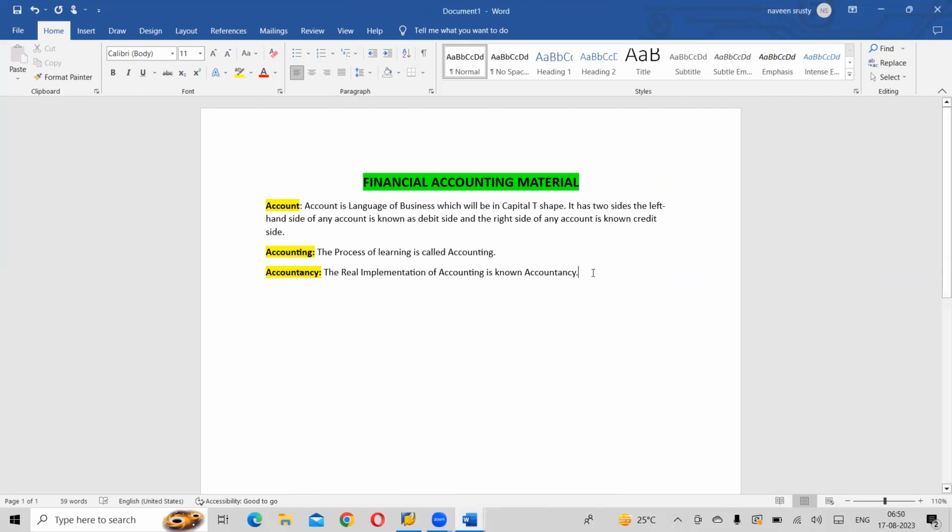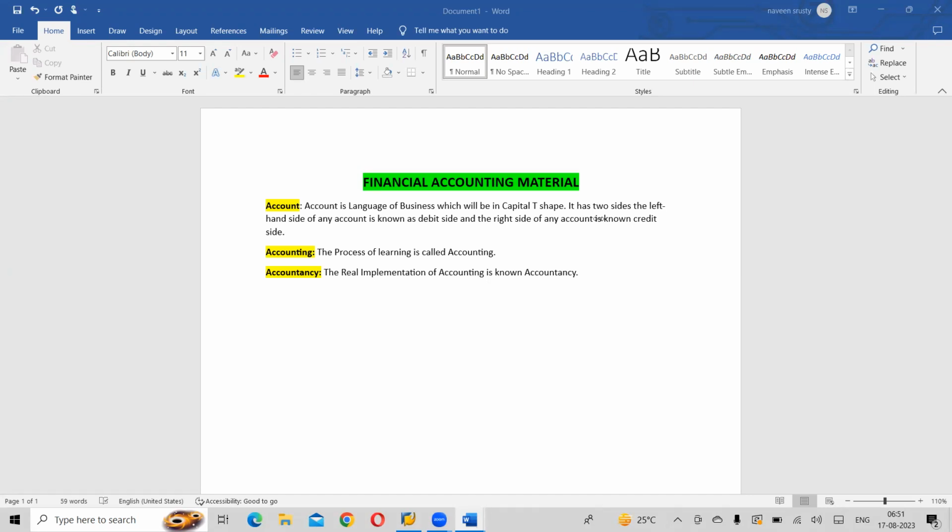We discussed what is debit, what is credit, and the difference between account, accounting, and accountancy. Correct? Any questions on that, anyone? No questions, right? Thanks for the confirmation.